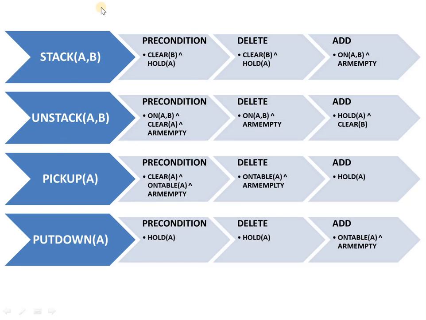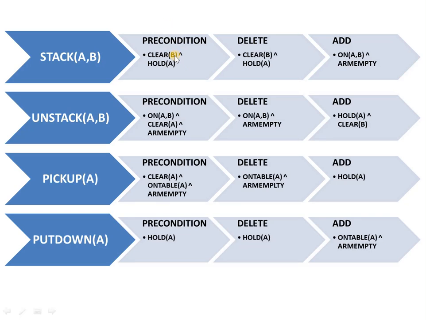And in the case of block world puzzle, we mainly have four different types of actions. And the first action is stack. If we are applying this particular action, what are the contents of these three lists? That is very important. Precondition. From the term itself, it's very clear what data it is holding.